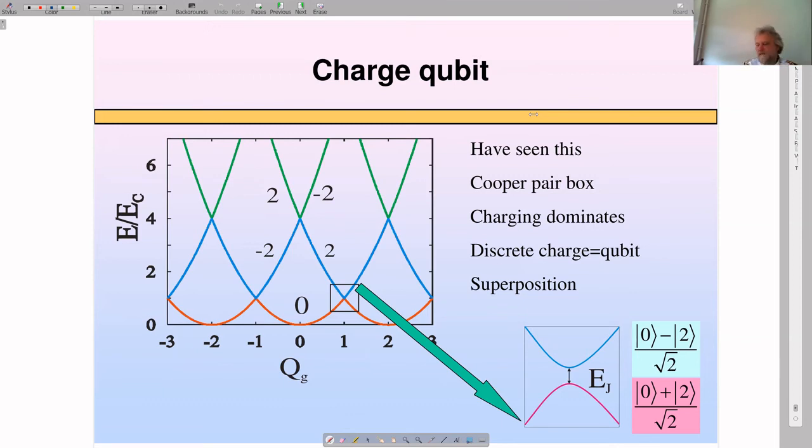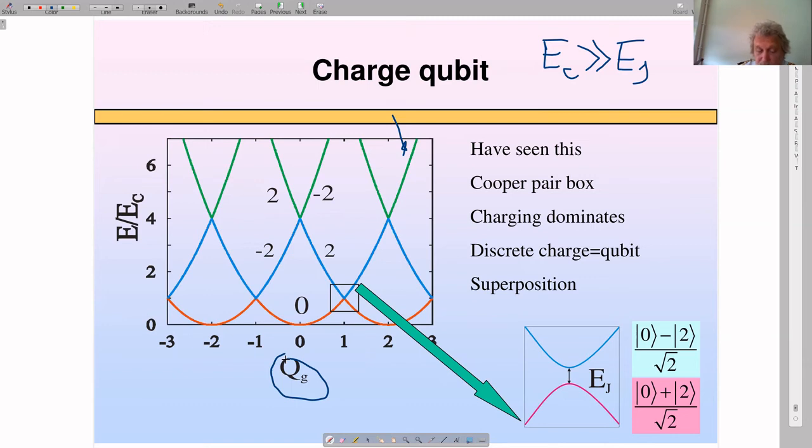This is about a Josephson island in the regime of large charging energy. So what are the states over here? They are just charge states affected by gate voltage.